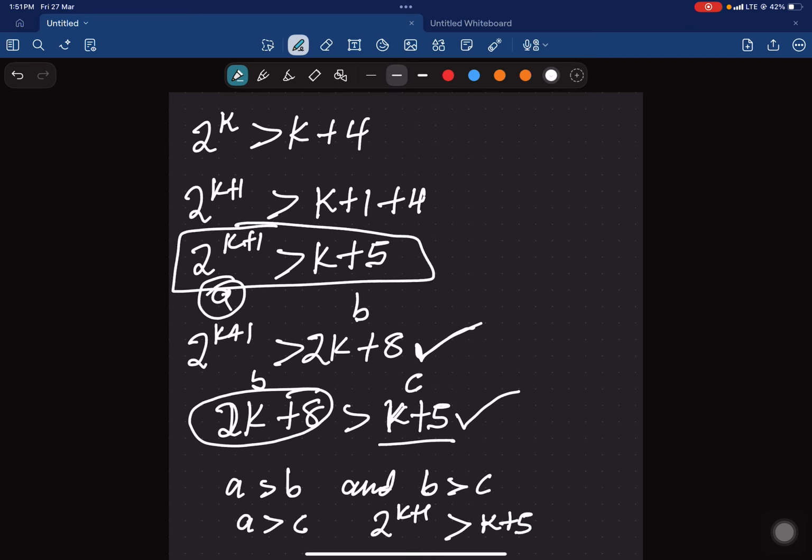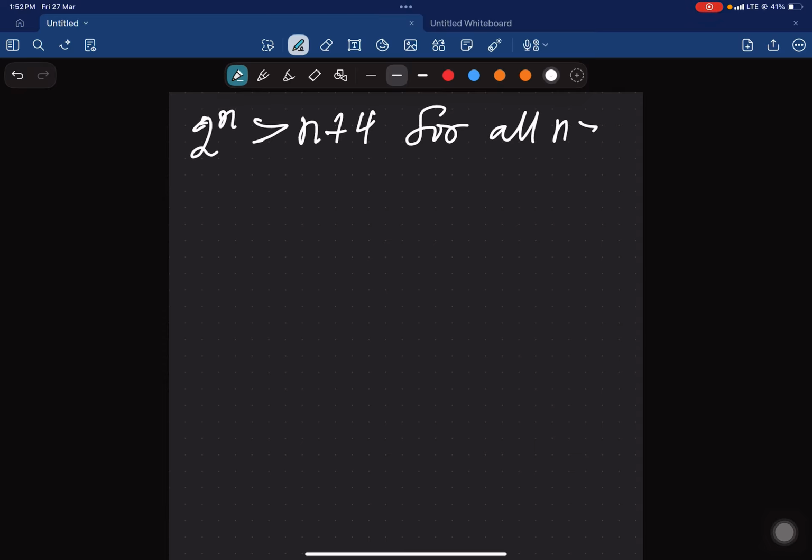And this is true based on the axiom of transitivity. Hence, our proof is correct. So it follows then that 2 to the power n is greater than n+4 for all n greater than or equal to 3.